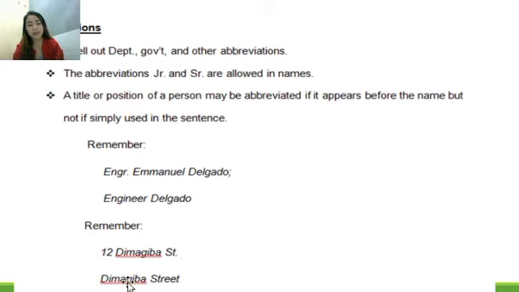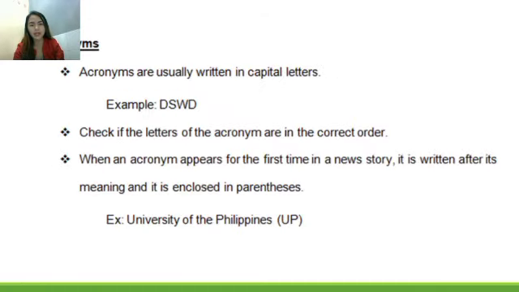And remember, 12 Dimagiba St. or Dimagiba Street. Dito, you will use the abbreviation for street pag may 12 dun, may specific. Pero pag Dimagiba Street, yun lang, dapat i-complete mo yung word na street na yan. And the acronyms naman, usually written in capital letters. We have this WD.